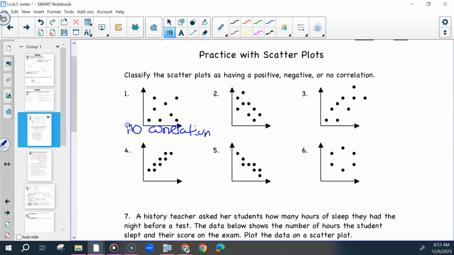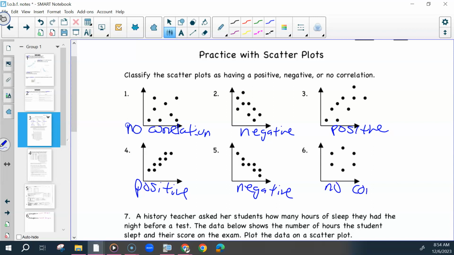What about number 2? Negative. Number 3? Positive. 4? 5? And 6. So those are the directions.